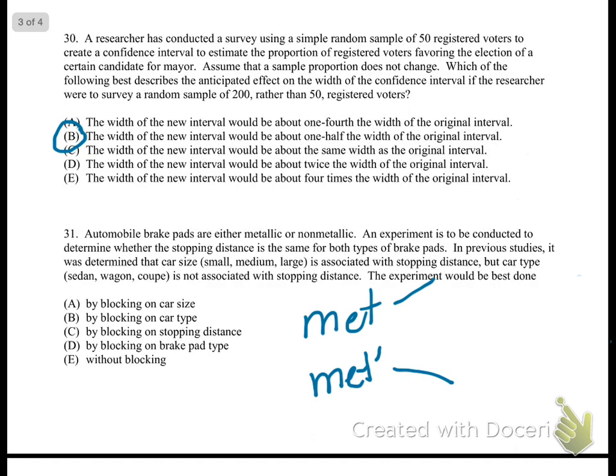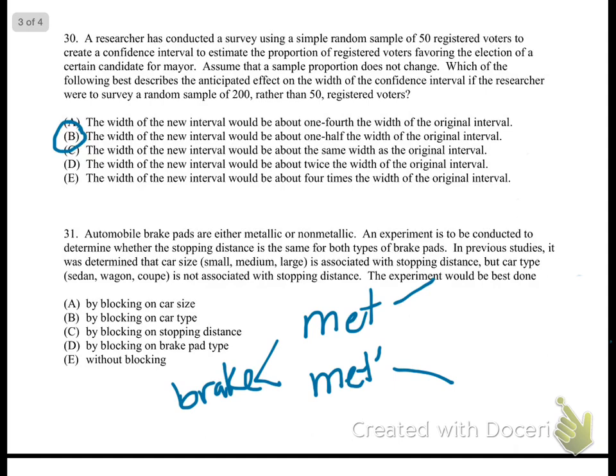Okay, so hopefully you read number 31, and I kind of outlined it, okay? Remember blocking? Blocking is just like stratify. Stratify is the sampling, as blocking is the design. And we block because we think that something will affect difference. For instance, working out.